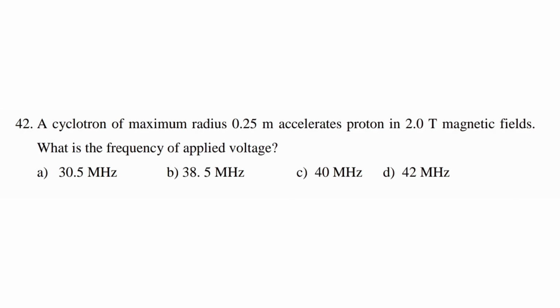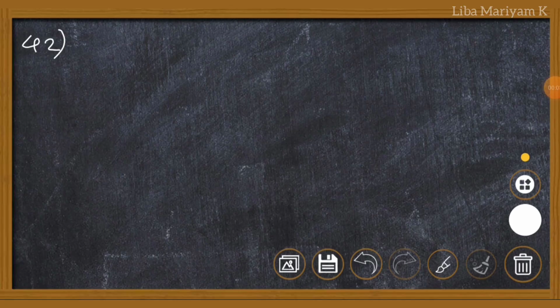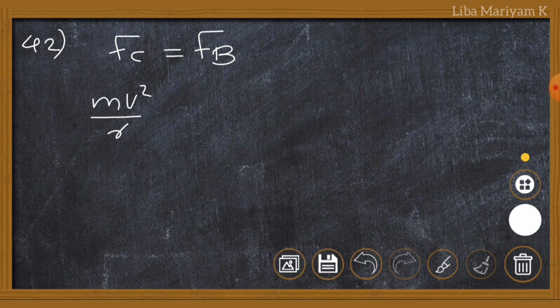Question 42. A cyclotron of maximum radius 0.25 meter accelerates proton in 2 Tesla magnetic field. What is the frequency of applied voltage? In cyclotron, centripetal force is equal to Lorentz force, that is force due to magnetic field. Therefore, mv square by r equal to qvb.